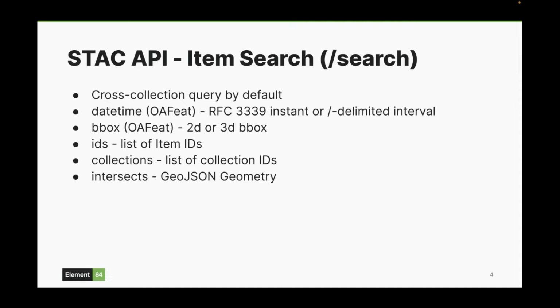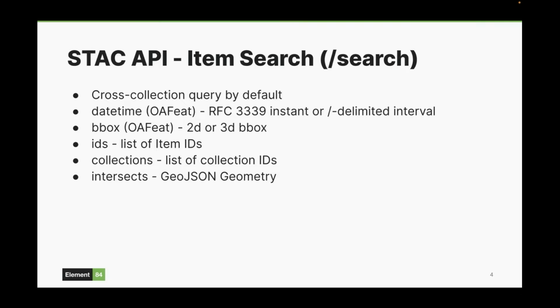By default, the OGC API features endpoints only search within a single collection, although they're also working on a cross-collection mechanism now that I think is either in development or in draft. And STAC API is specifically thinking of all these items in one place together, and you're searching over a lot of different items from different collections, different satellites, different everything.